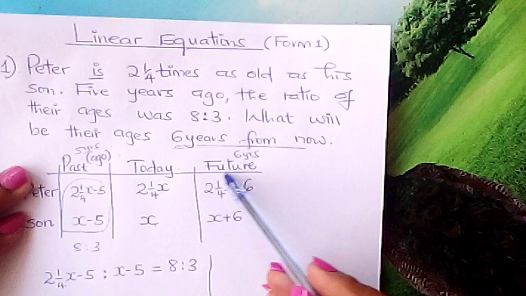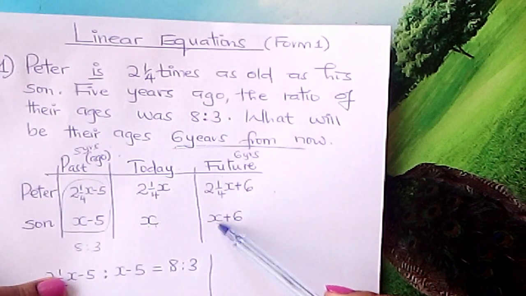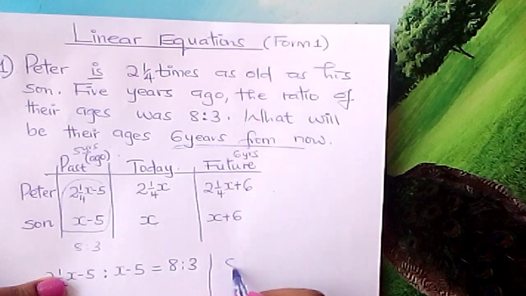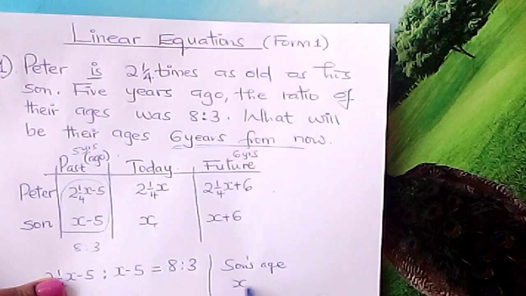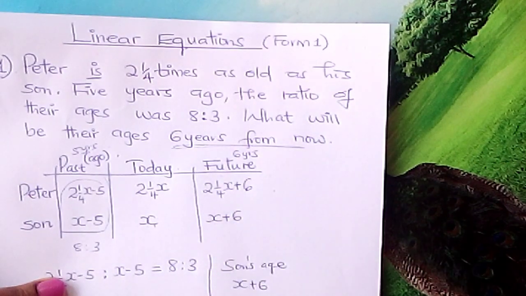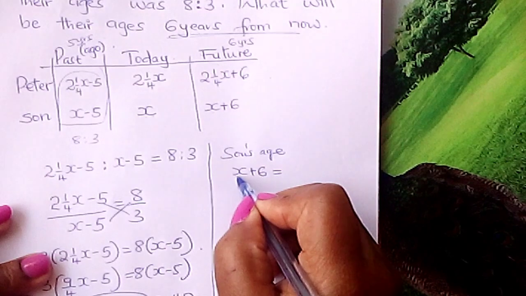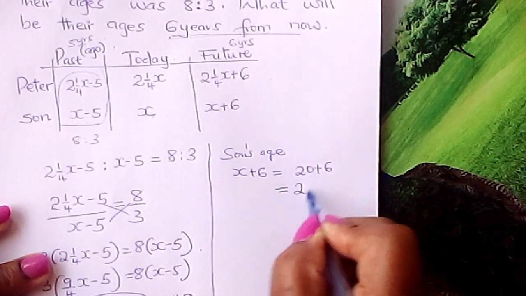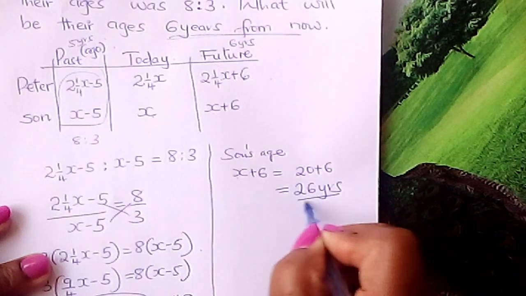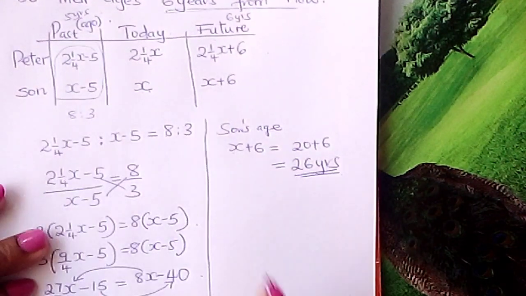So we just come here and substitute 20 where you have X. So what is the son's age? Son's age is X plus 6 in this column, and therefore this gives us 20 plus 6, which gives us 26 years. So in 6 years time, the son will be 26 years.